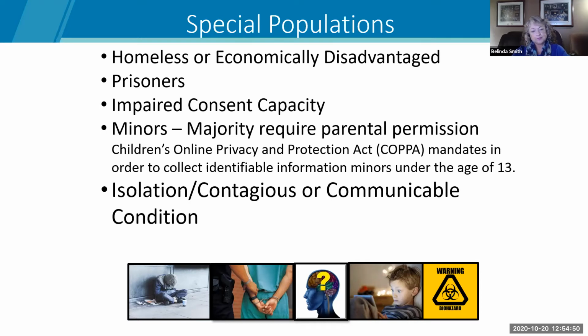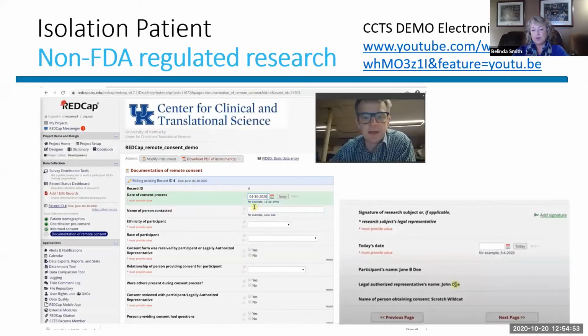The first one is non-FDA regulated research. For this one, I didn't have to comply with FDA Part 11, and it was to reach isolation patients with the CCTS bank. Dr. Ken Campbell graciously did a short demo on how they built this. Something I thought was very beneficial is areas where you could build in some demographics to verify the participant.